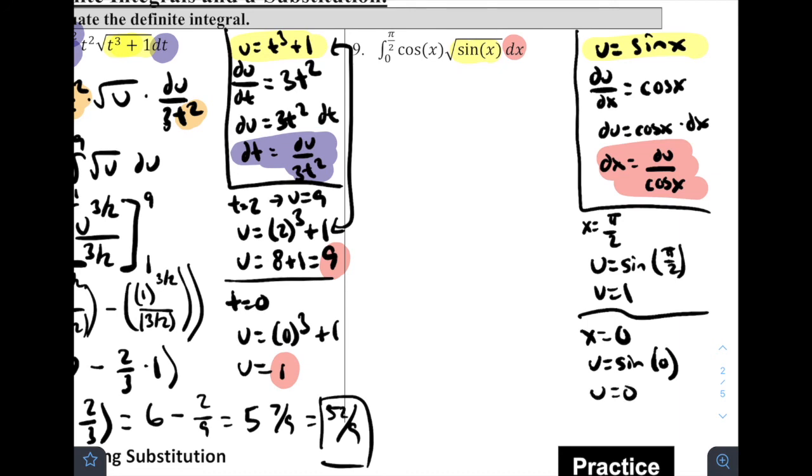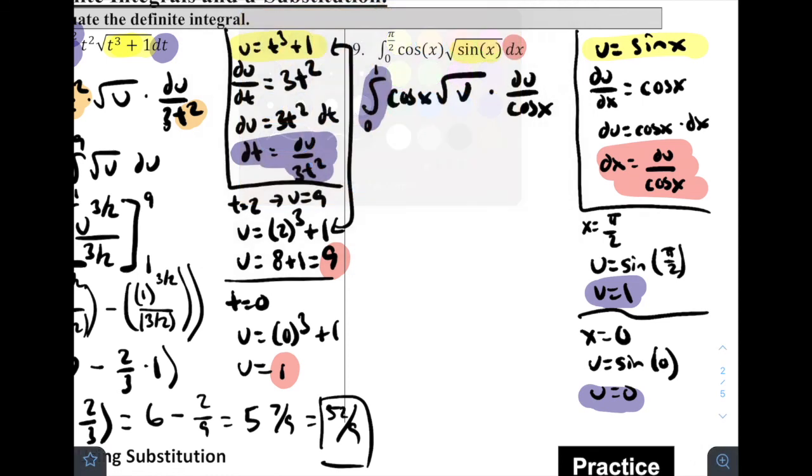So I've got my new limits of integration, 1 and 0. Those go on my integral. The cosine of x stays the same, the square root of sine of x becomes the square root of u, and then dx is du over cosine of x.